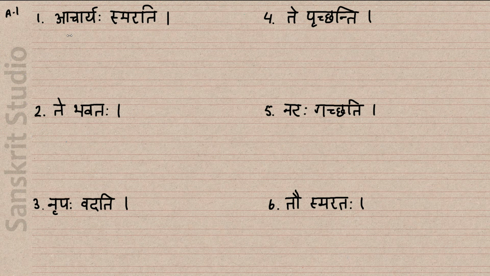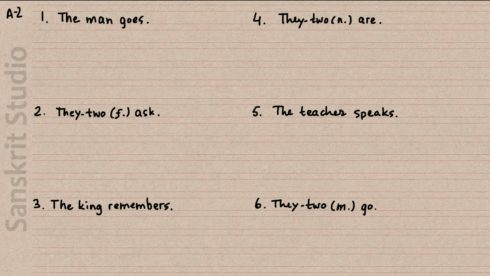So I have 2 pages, and I'm holding the video screen for 5 seconds, and then I'll show you the next 5 seconds, and you can stop the video 2 times and jot them down on your own sheet of paper. So 5 seconds A1, and now 5 seconds on A2 here.